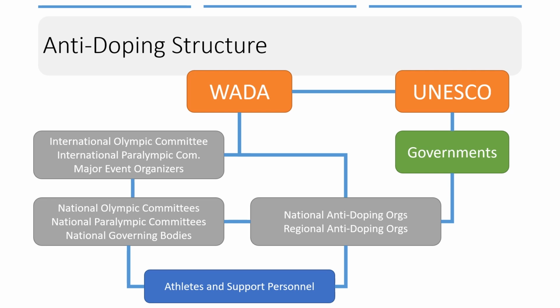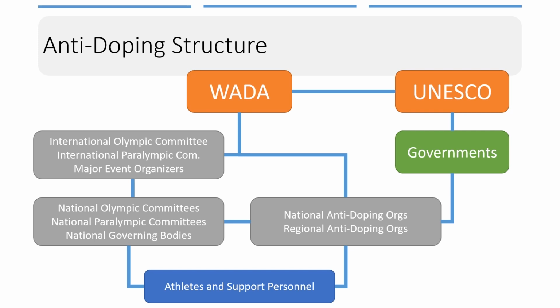So this graph shows the modern anti-doping structure. It is very interconnected between WADA, UNESCO, and the governments of each country. When we look at this graph, it really starts from the bottom. You have athletes and supporting personnel, depending on which level they play.